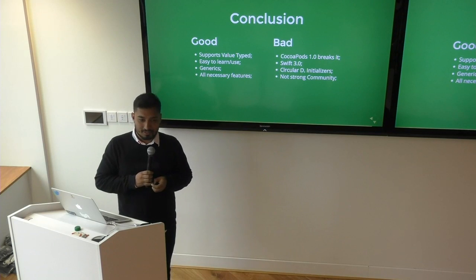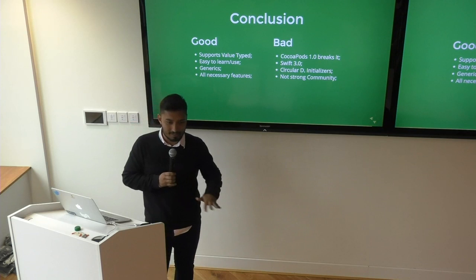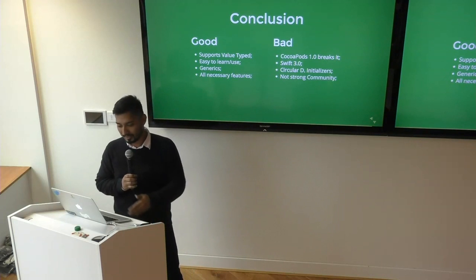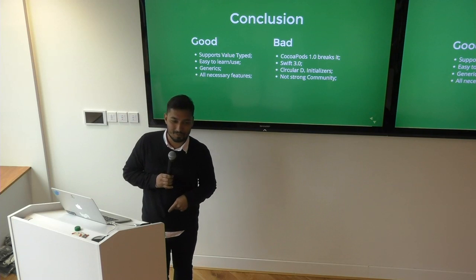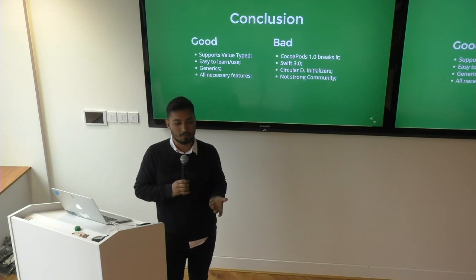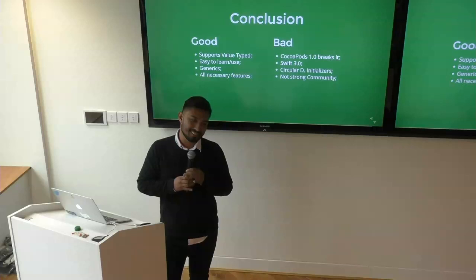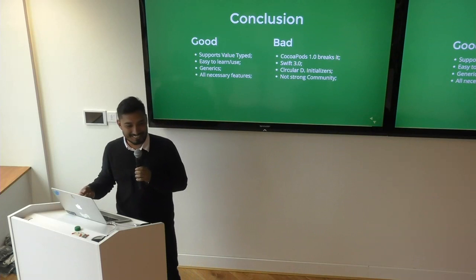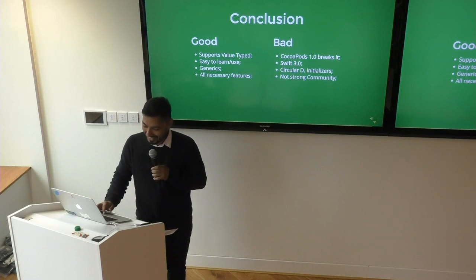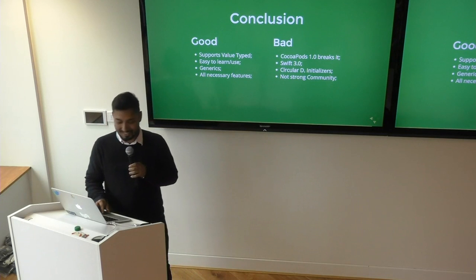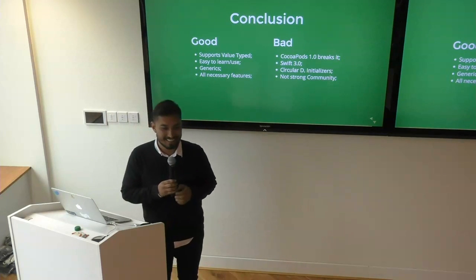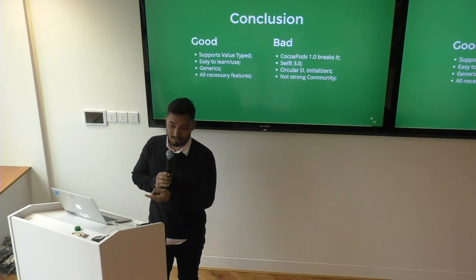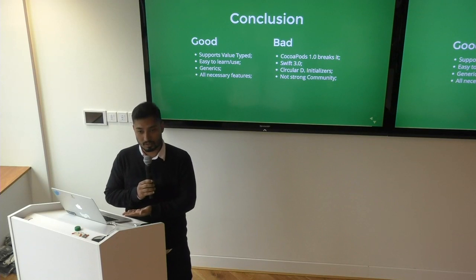The bad thing, the first and the one that terrifies me more, is if you have CocoaPods 1.1 and you install the pods, it doesn't create the frameworks properly. So it doesn't support CocoaPods 1.0, which is weird. And Swift 3, we have talked about that already. It's a 100% Swift dependence.